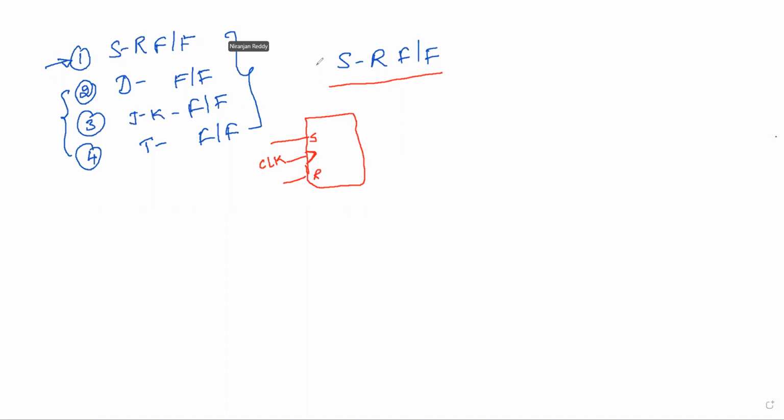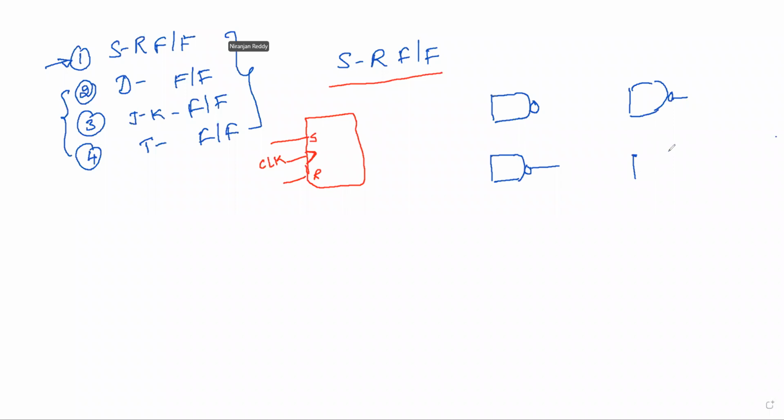Now I have to draw the diagram using NAND gates. I always take the circuit using NAND gates only, because it is easy to analyze. We already analyzed the circuit. One more NAND gate here.